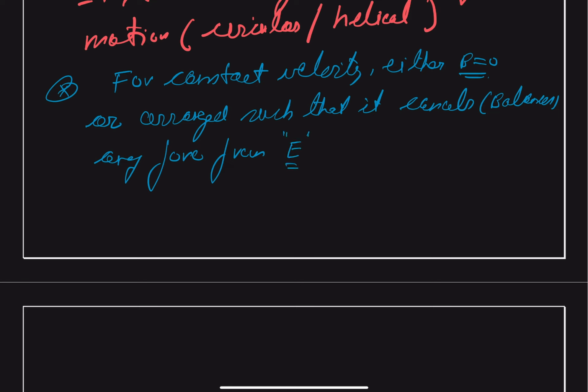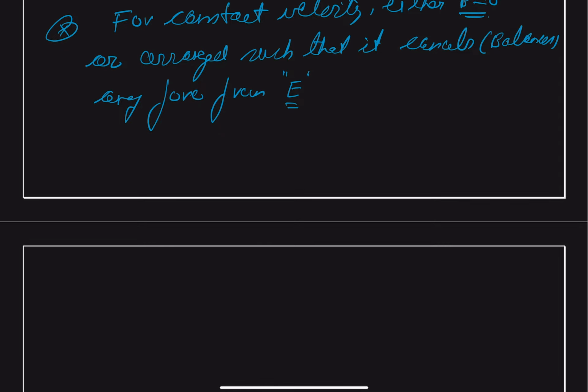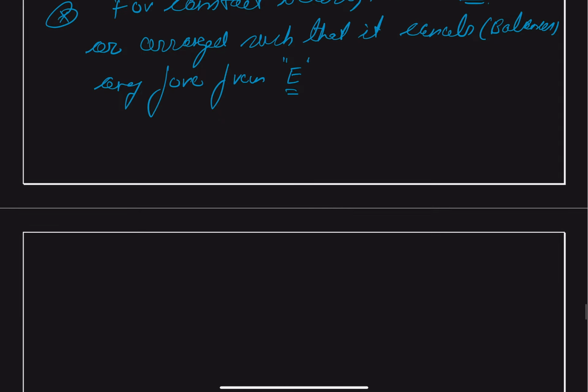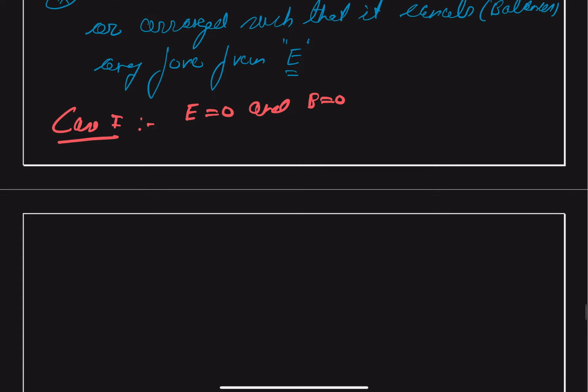So therefore, let us check the options that are given to us one by one. So we have case 1. In this case, both electric field and magnetic field are 0. Because of this, the force due to electric field is 0 and force due to magnetic field is equal to 0.